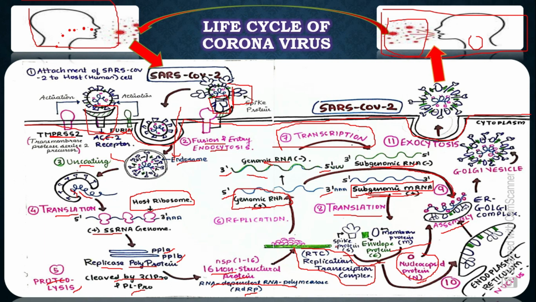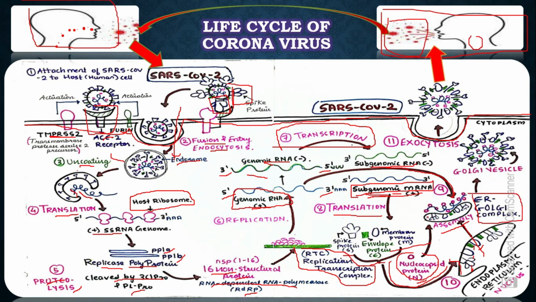Now these 3 remaining proteins will go to the endoplasmic reticulum, which is also a cell organelle. From here, these 3 proteins, this spike protein, this green one is envelope protein, and this is the membrane protein, will go from endoplasmic reticulum to Golgi, and they will form endoplasmic reticulum Golgi complex.